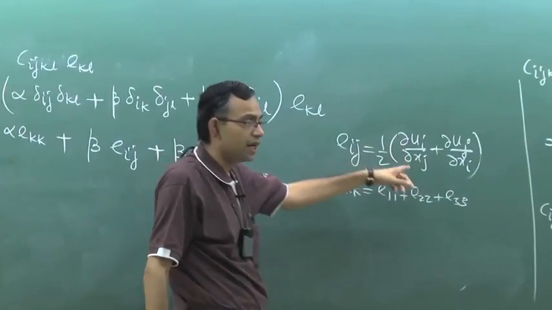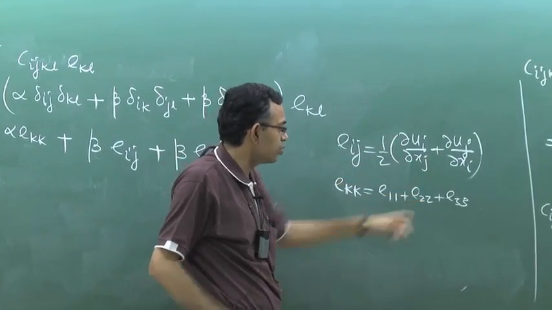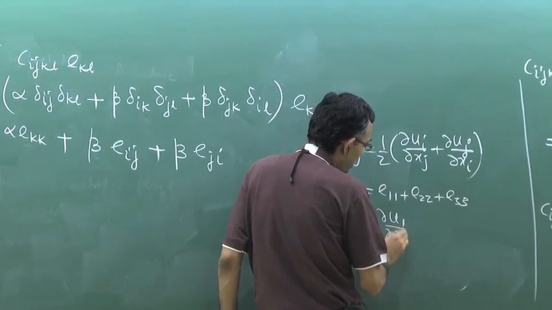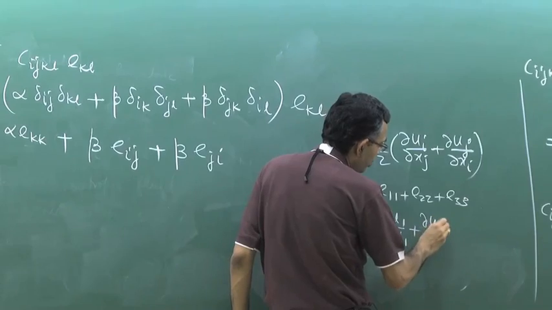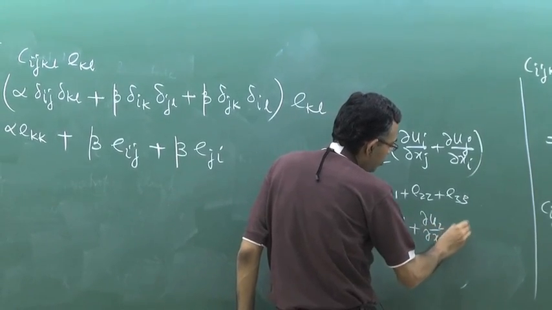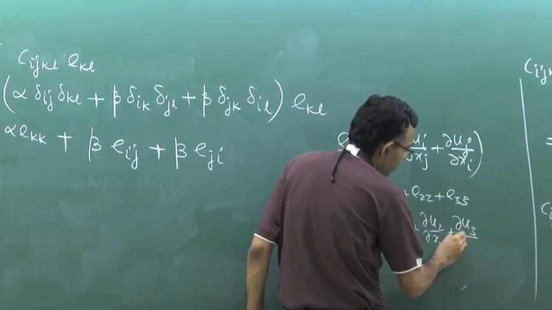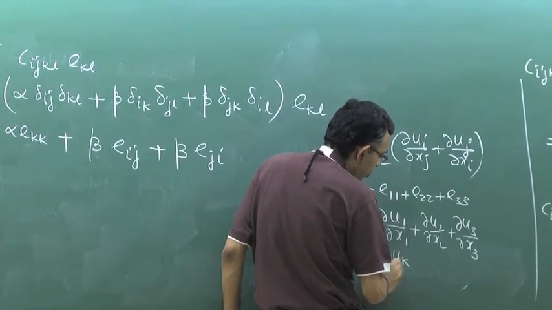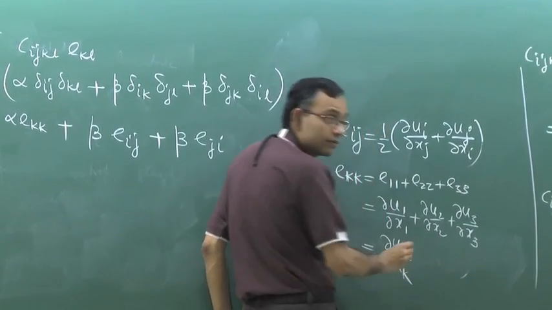E11 is del u1 del x1, E22 is del u2 del x2, and E33 is del u3 del x3. So del u1 del x1 plus del u2 del x2 plus del u3 del x3. This in short form we can write as del uk del xk, right?